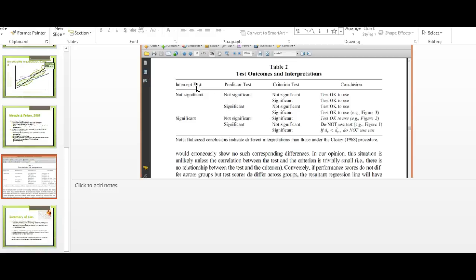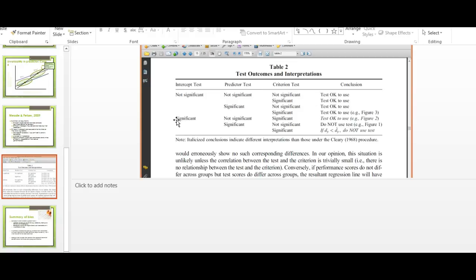Okay, so for the intercept test, which we run in our MMR, if it's not significant, and again, assuming slope tests are also not significant, so no interaction there, if we have no intercept bias, then note that the test is always okay. So it gives you a nice, easy way to know that, regardless of predictor differences, regardless of criterion differences, the test will always be okay.